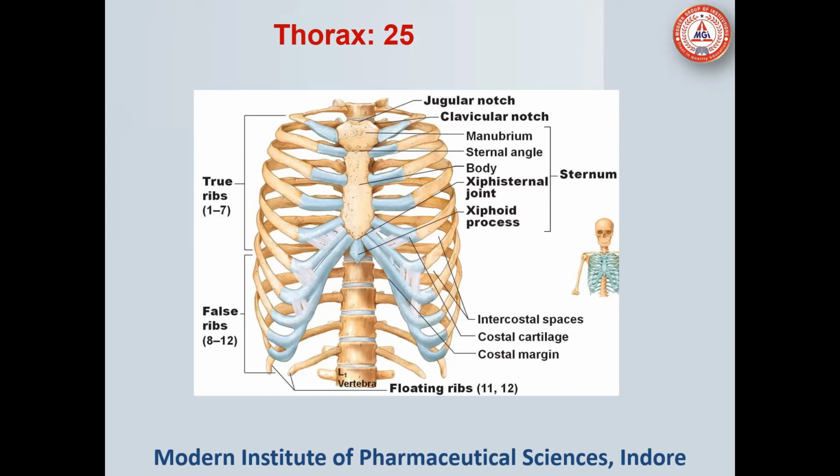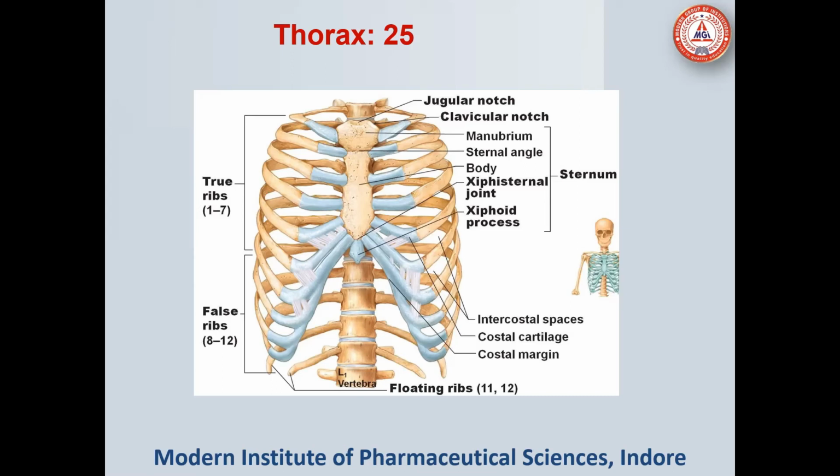Anteriorly, the first 7 pairs of ribs articulate directly with the sternum and are known as true ribs, that is, ribs 1 to 7. The next 3 pairs articulate only indirectly. In both cases, costal cartilage attaches the ribs to the sternum.